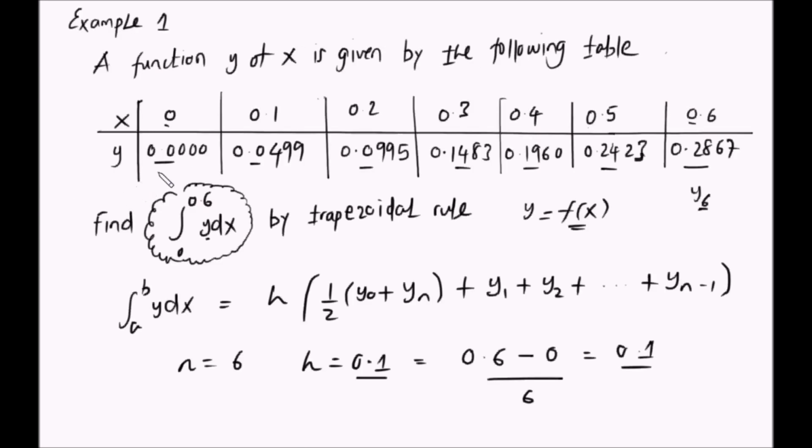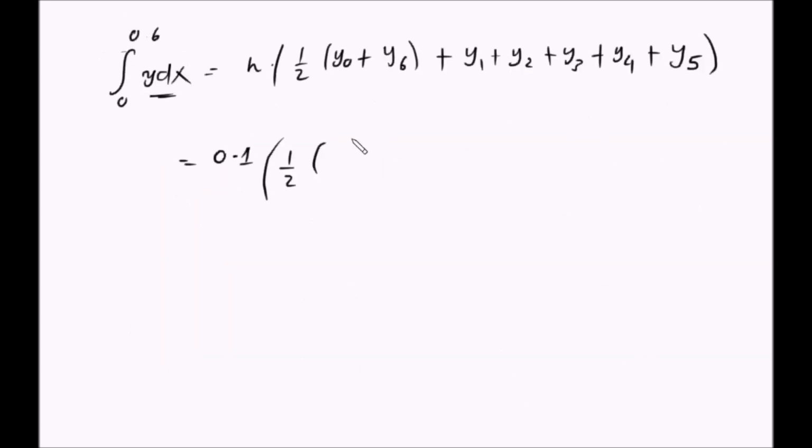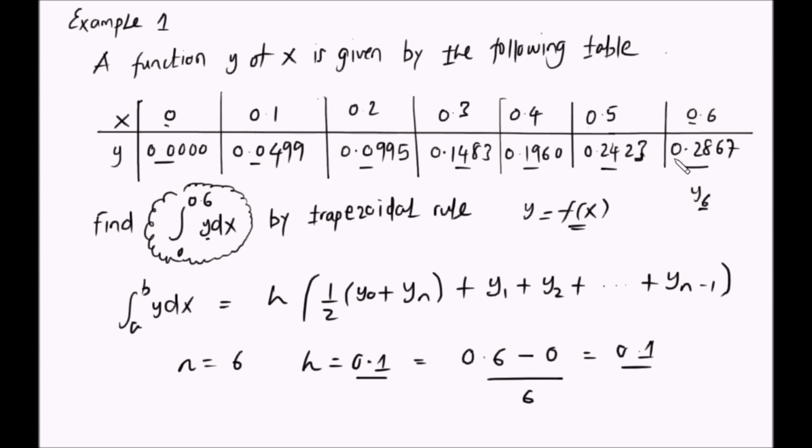So if you go back to the table, y0 is 0.0000. So I'm going to write there 0.0000 plus y6 now being written kwenye table ni hii hapa 0.2867.